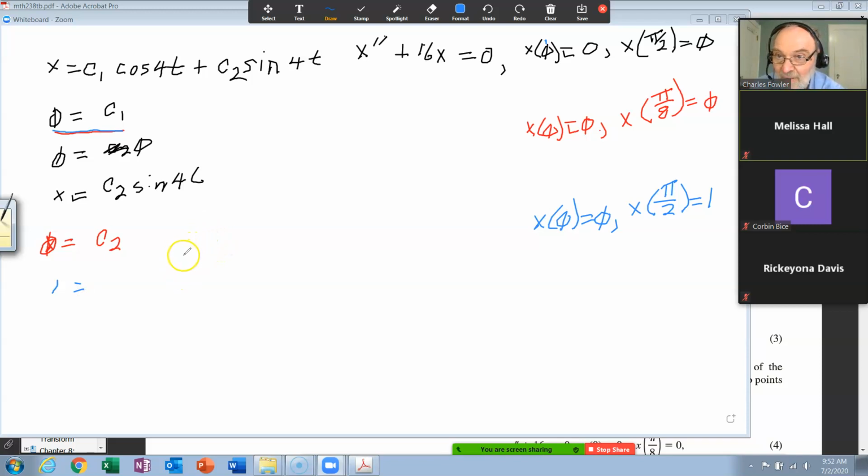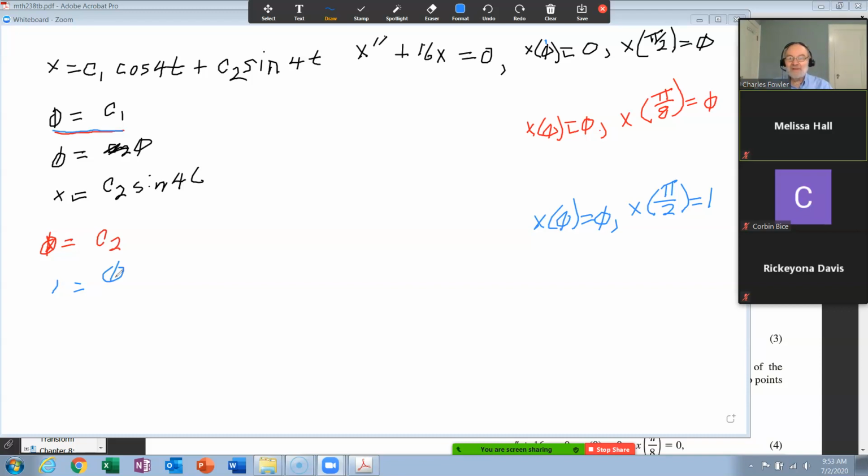You already know the C1 is 0, so plug a pi halves in here. 4 times pi halves is 2 pi, just like before. And sine of 2 pi is equal to 0. So here you get 1 equals 0. And when is that ever true? Never. Ever.